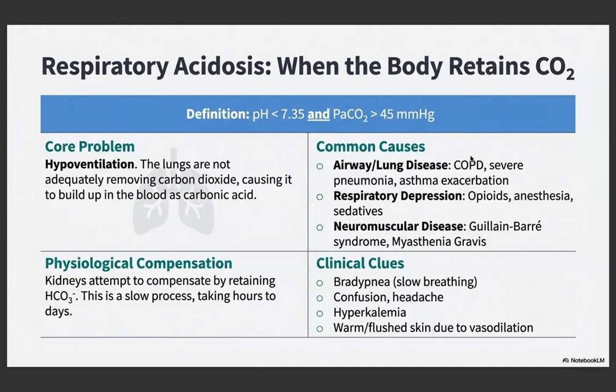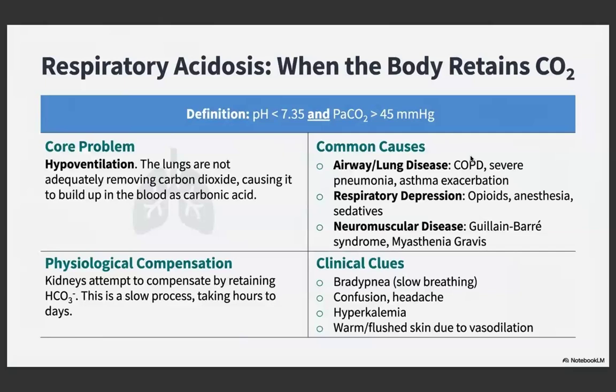So this would be if someone had COPD, their lungs are obstructed, so they can't get rid of CO2. That causes the buildup of carbonic acid, and that's when we see respiratory acidosis. So again, we see this in pneumonia, COPD. We can also see it if someone is having an opiate overdose.